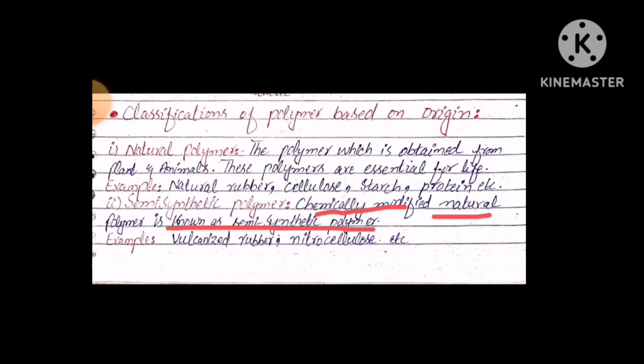Such a polymer is called semi-synthetic. Examples include vulcanized rubber and nitrocellulose, etc.